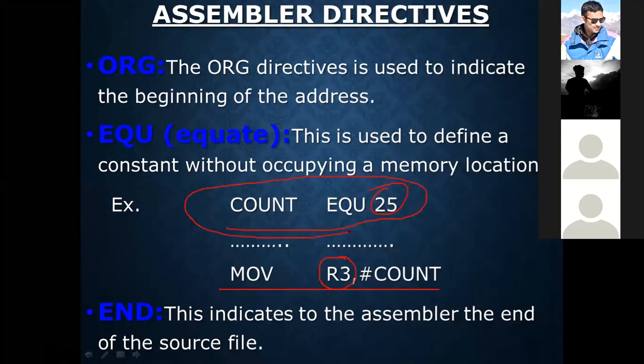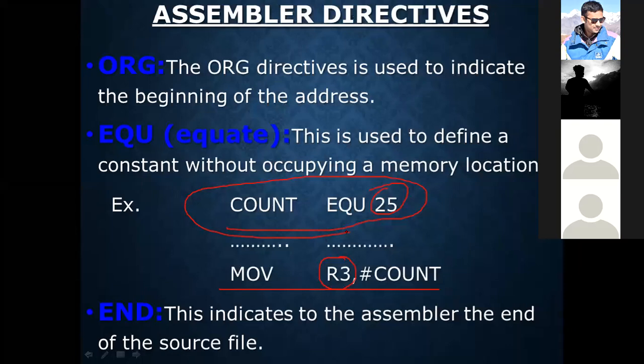Okay, this is the advantage of this particular equate directive, because this kind of directives will only be used while performing any simulation. But other than ORG, EQU and END, this cannot be used in assembly language programming. This can only be used in the simulation.